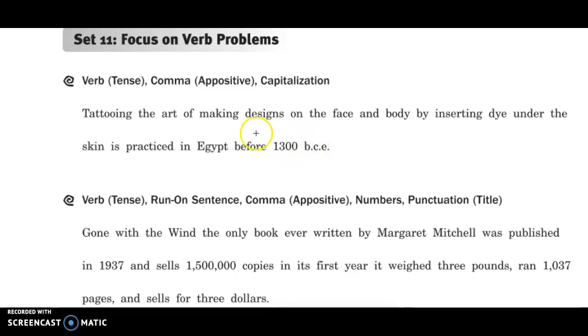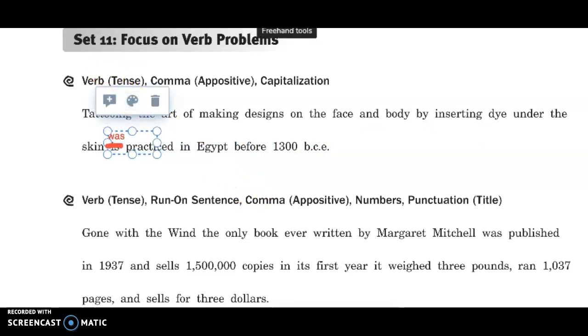However, if we take a look at the verb of our sentence, we're using the present tense verb is. So I know that I have to change this error. So I'm going to cross out the word is, and I'm going to replace it with this word was. That will take care of my verb tense error.